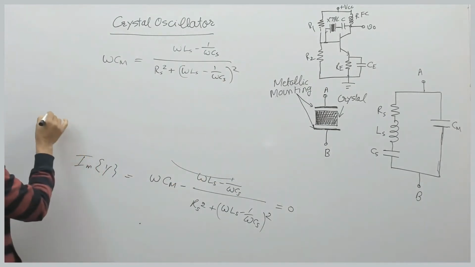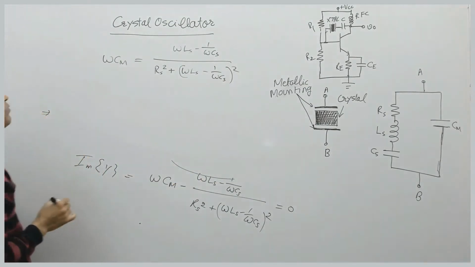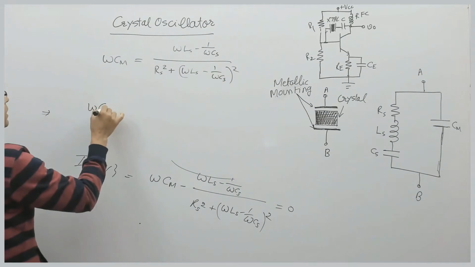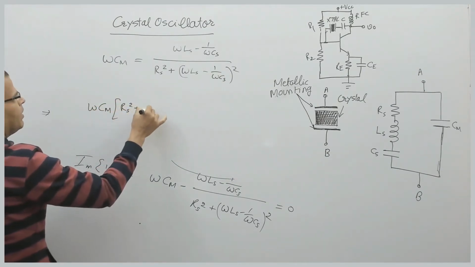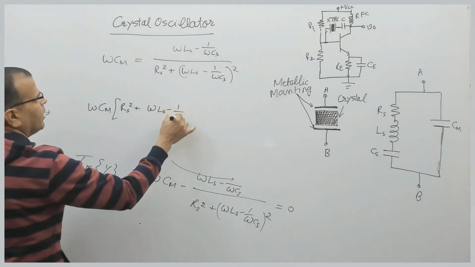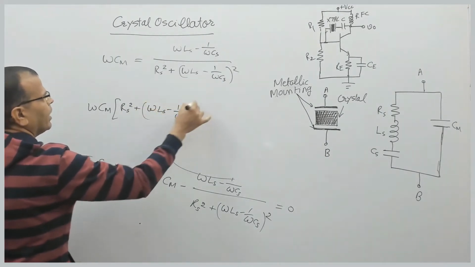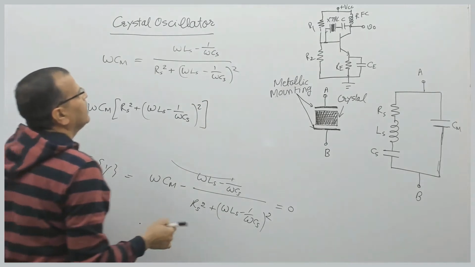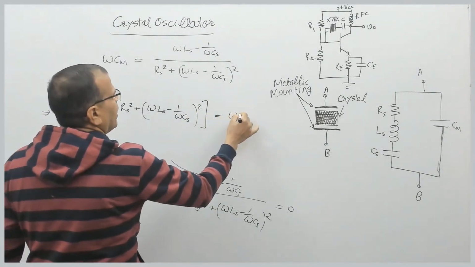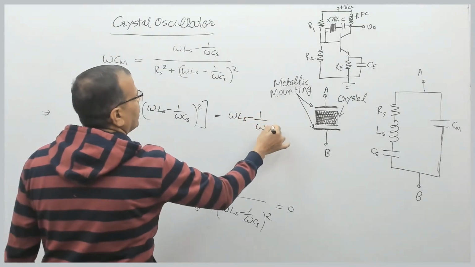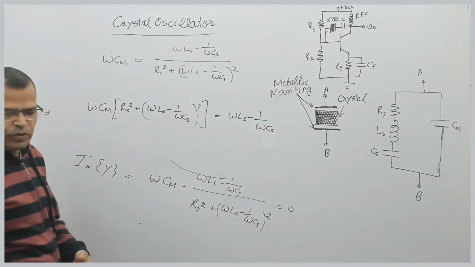Or this can be written like this: we have omega Cm into Rs square plus omega Ls minus 1 by omega Cs whole square, and that is equal to omega Ls minus 1 by omega Cs. This is what you have.